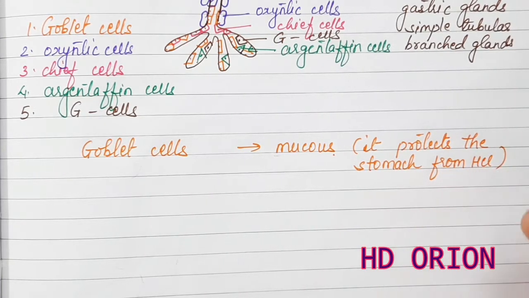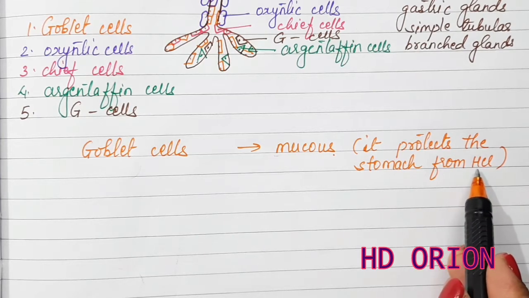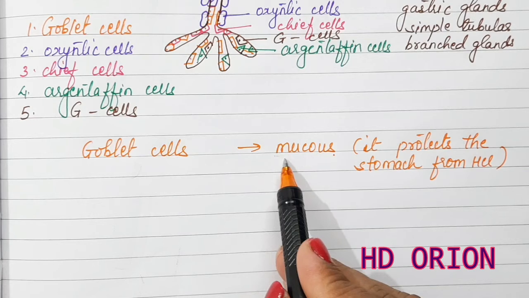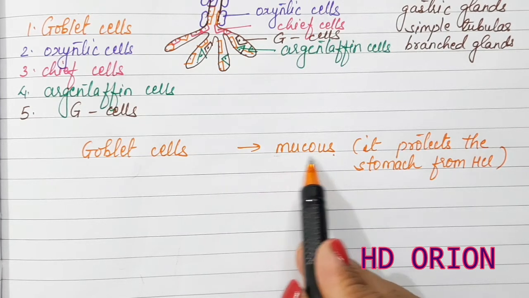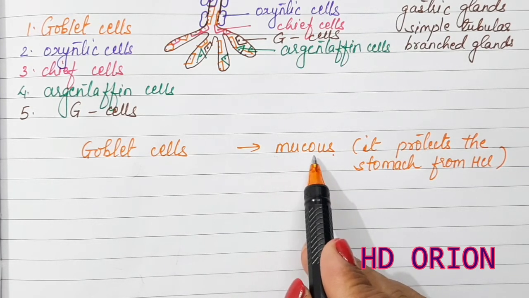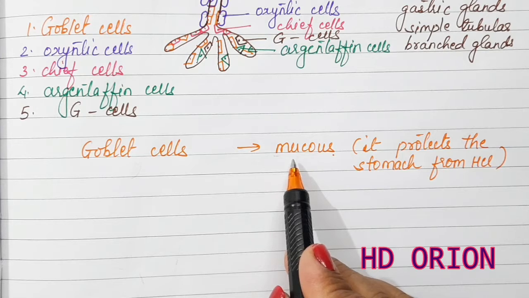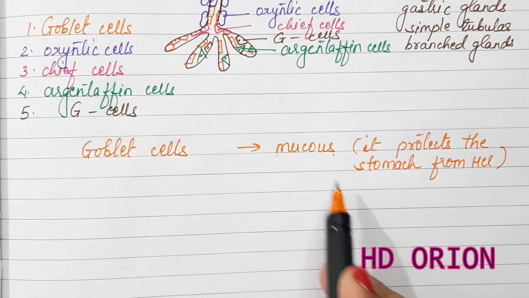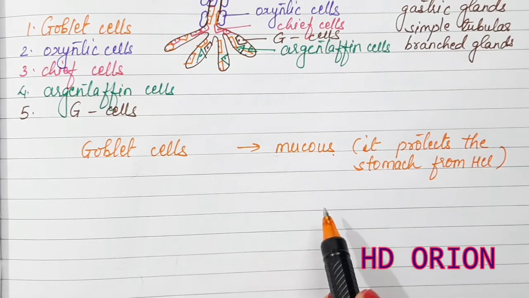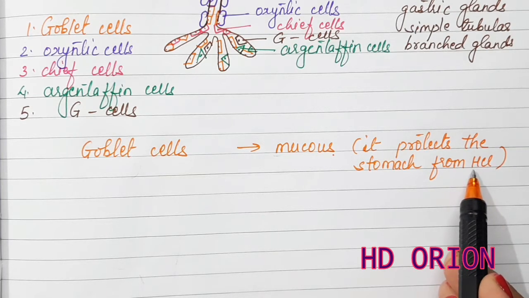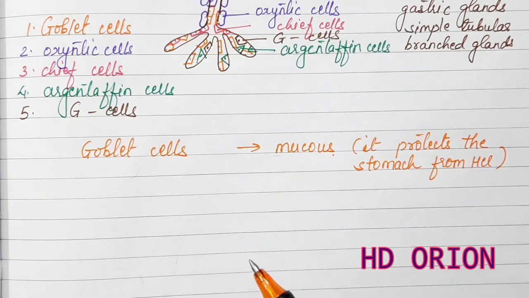HCl is quite corrosive and it is a strong acid, but this does not harm the internal layer of the stomach because there is a thick layer of mucus, and the mucus does not allow the HCl to touch the lining of the stomach. It is only present in the lumen part. So the HCl only mixes up with the food.